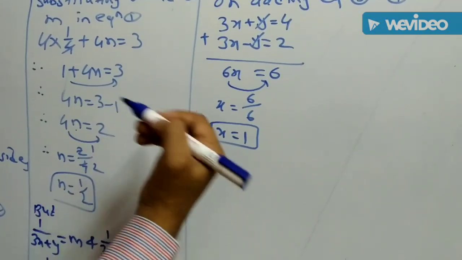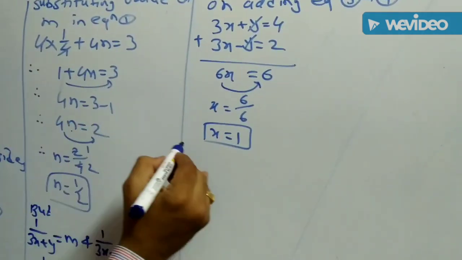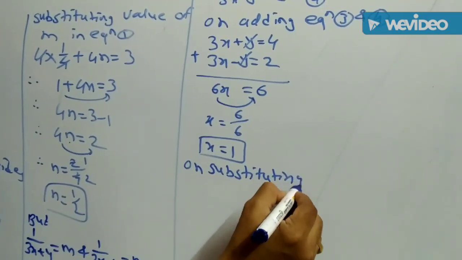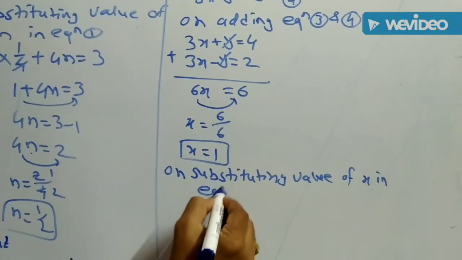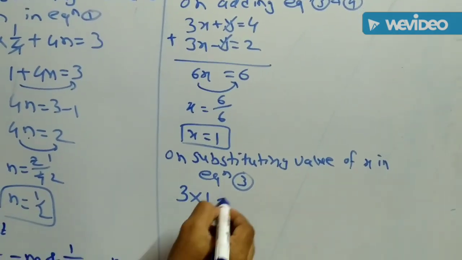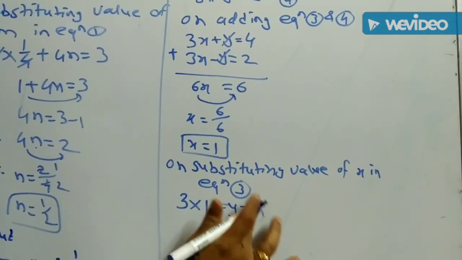Now to find the value of y, we put the value of x in equation number 3 or 4. Therefore, on substituting the value of x in equation 3, that is 3x, that is 3 into 1 plus y, as it is equal to 4.